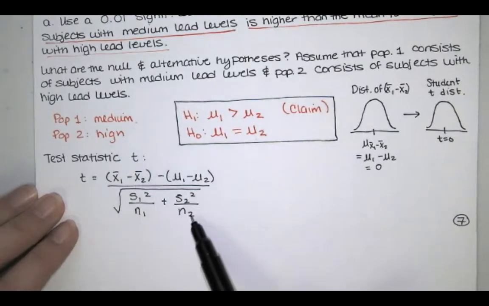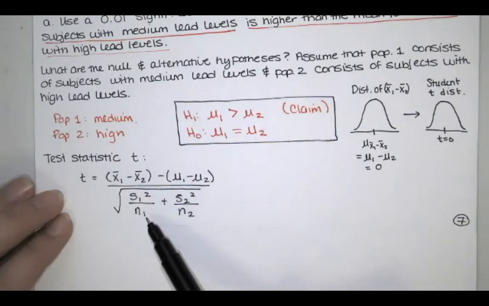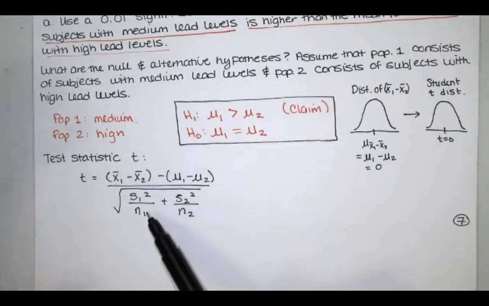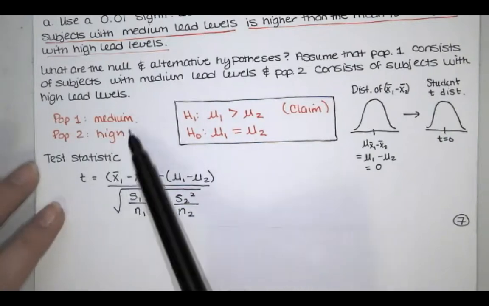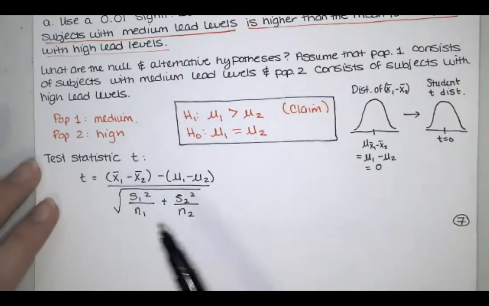So we already have these three values, but x sub 1 bar, s sub 1, and n sub 1, those summary statistics will need to be computed from the sample data that they gave us. Because remember, they didn't actually give us the summary statistics for the medium lead group, but they gave us the original data set. So we'll have to compute those.